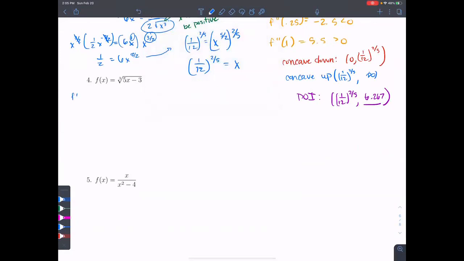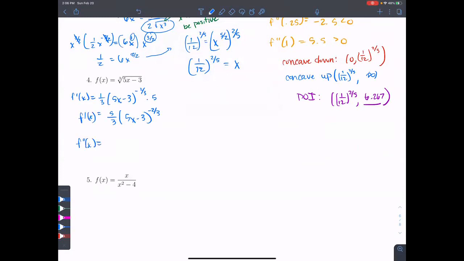All right, F prime of x is going to be exponent down front. Decrease it by 1. That's 1/3, so negative 2/3 times the derivative of the inside. So we're looking at 5/3 times 5x minus 3 to the negative 2/3. And we're going to take another derivative.